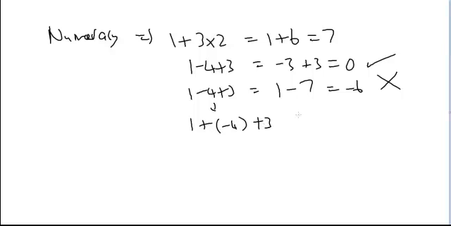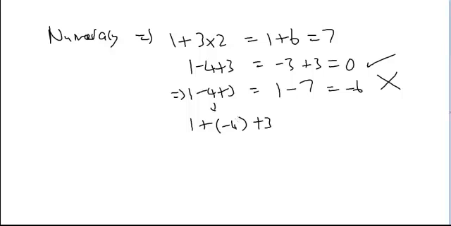So one way to remember whether you're doing it right, to avoid the pitfall where you end up with the wrong answer, is to write minus 4 as plus minus 4. So minus 4 being like a negative number.